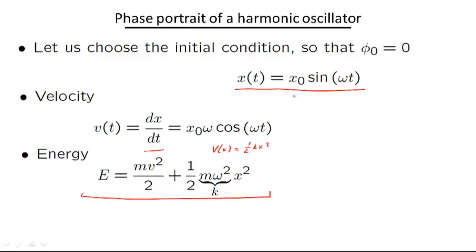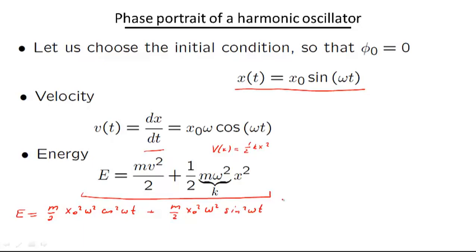So now indeed, if we plug this result into the energy, the energy is going to be equal to mv squared over 2. So we're going to have m over 2 x naught squared omega squared times cosine squared of omega t from this velocity term, and potential energy plus m over 2 x naught squared omega squared from here, sine squared of omega t.